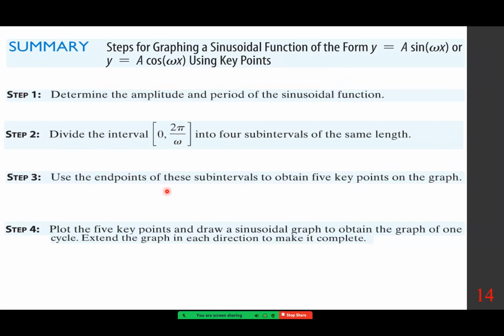And all you have to do is use the endpoints to obtain 5 key points, because there are 4 arcs and 5 key points. And all you have to do is plug those in and come up with the sinusoidal function.